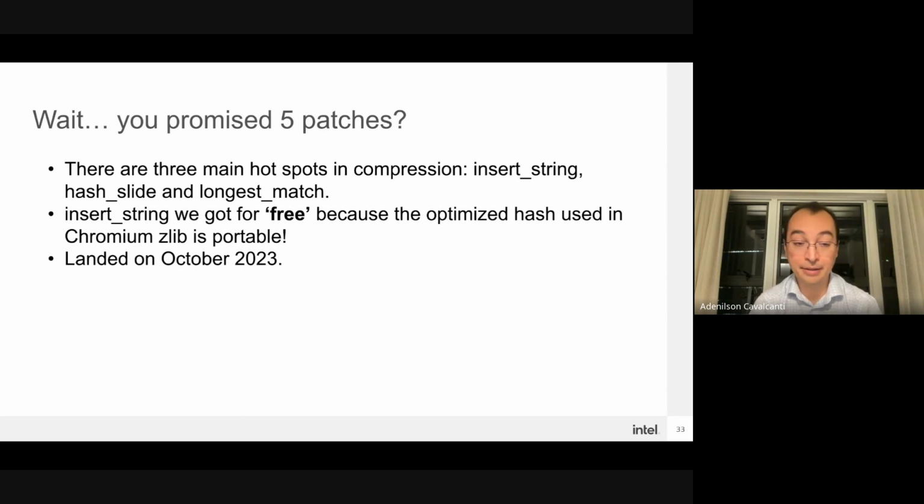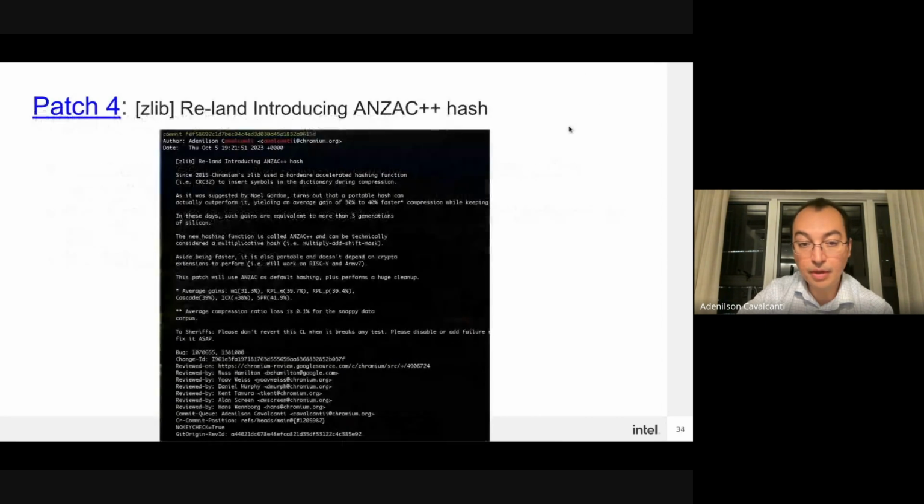Last year, I landed a better insert string that used multiply add as the hashing mechanism. And the good news is that that's portable. So basically, we got this optimization for free when we were targeting RISC-V. And there was a suggestion by Noel Gordon.